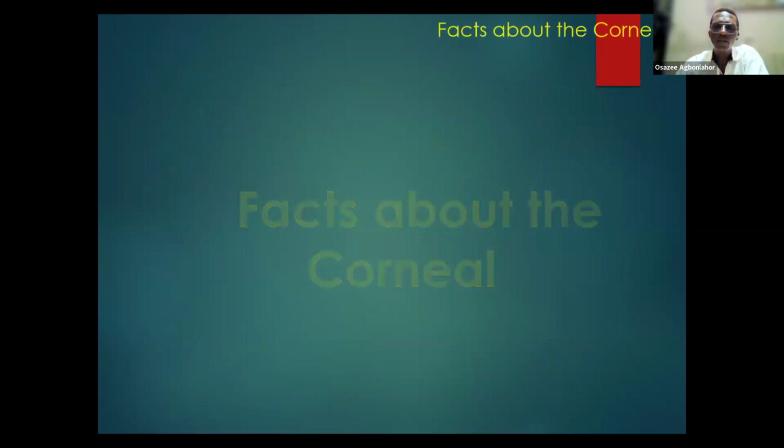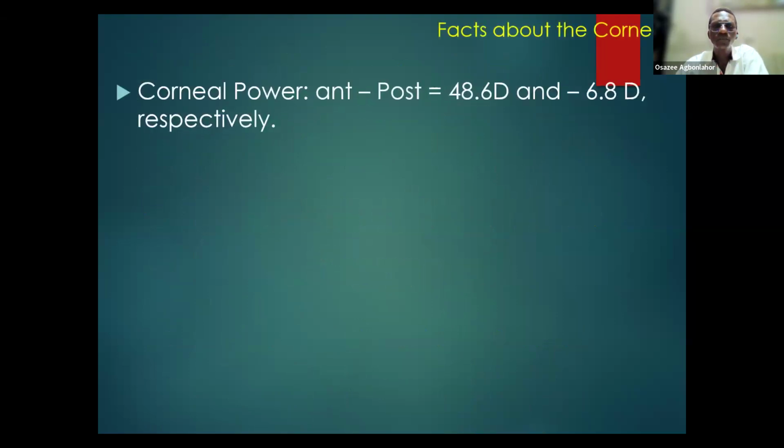Now let's look at some facts about the cornea. You and I know that the cornea is the highest refractive component of the eye, having approximately 42 or so diopters. And also, you and I know that it has about 6 layers.